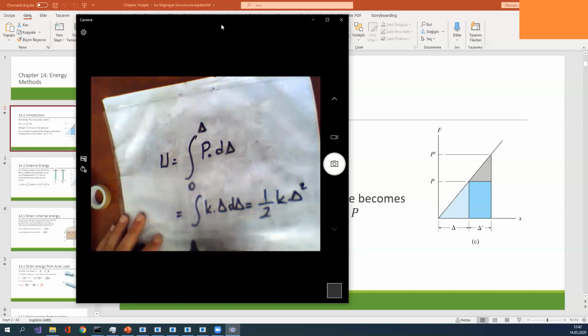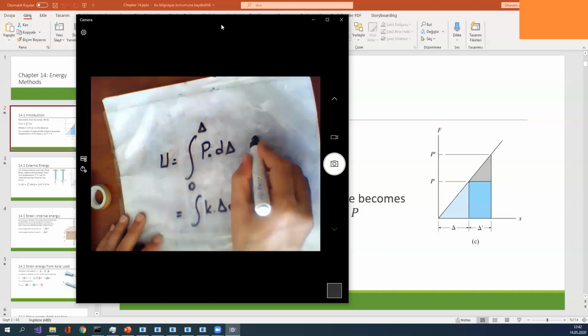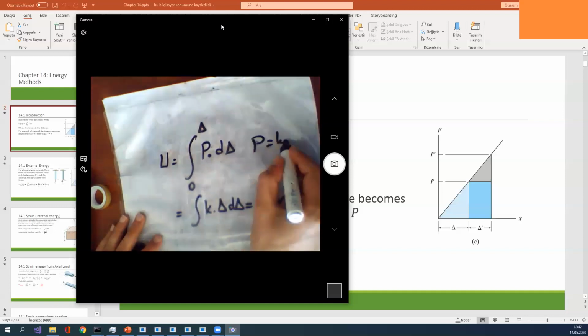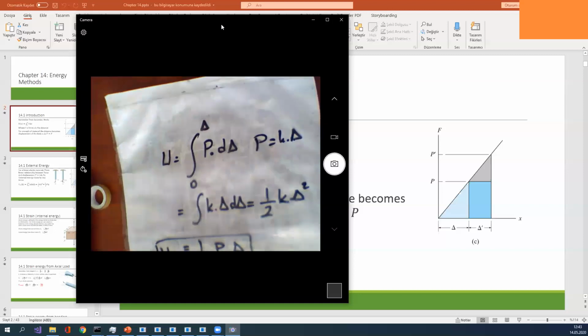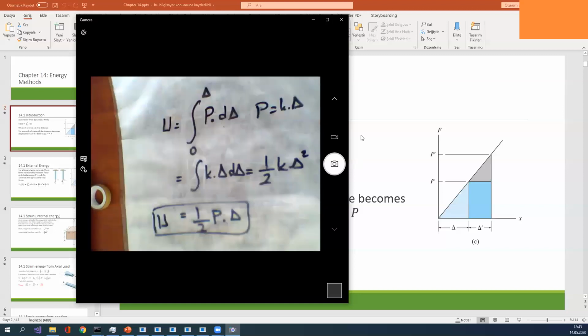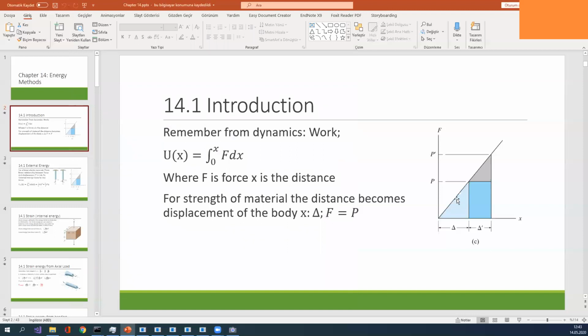Since P is equal to k times delta, our formulation is equal to one over two P times delta. Also, you can see in the graph the geometrical meaning of the integration, the area under the graph. This looks like a triangle, therefore our formulation becomes P times delta divided by 2.